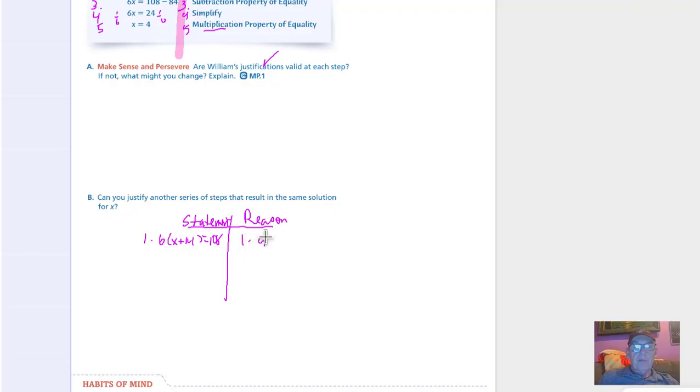It's our given. I'm going to divide both sides by 6. So x plus 14 equals 18. 108 divided by 6 is 18. That would be the division property of equality.